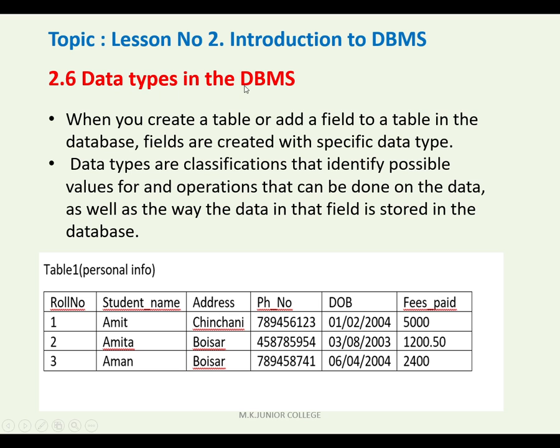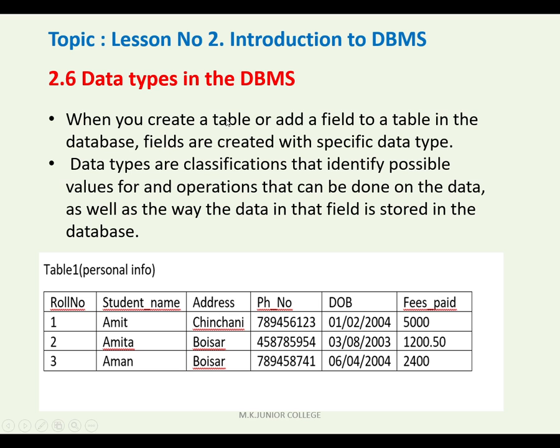Data types in DBMS. When we create a table or add a field to a table in the database, fields are created with specific data types. My dear students, when we try to create a database, first of all, we have to create a table under a database.